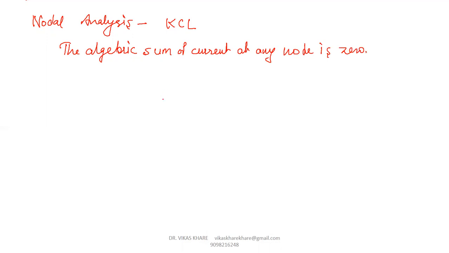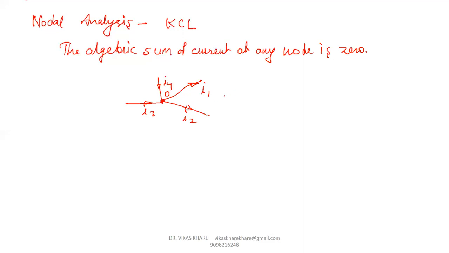For example, if we consider a 4 branch with respect to node 0, then the outgoing currents are I1 and I2, and the incoming currents are I3 and I4.